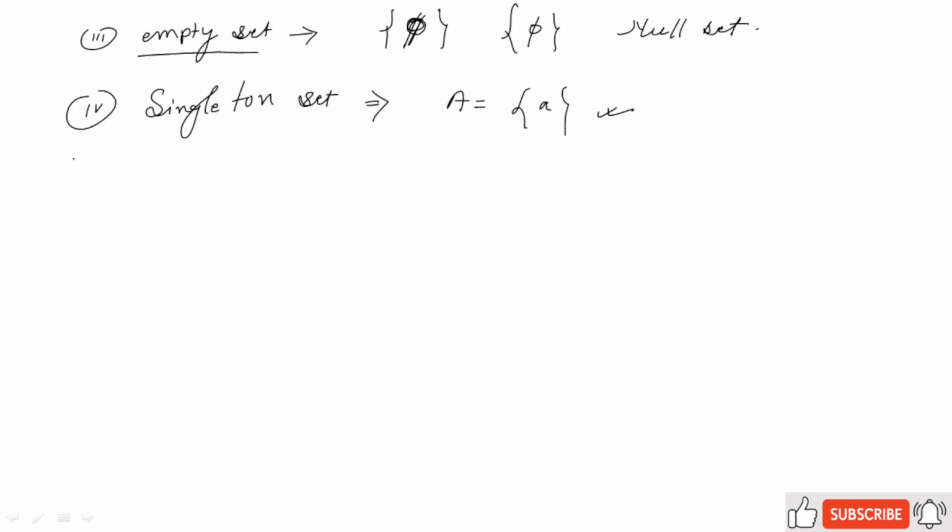After that, we need to know about subset. So what is a subset? Let us take two sets. Let us suppose set A has the elements 1, 2 and 5, and another set B contains those elements and more.